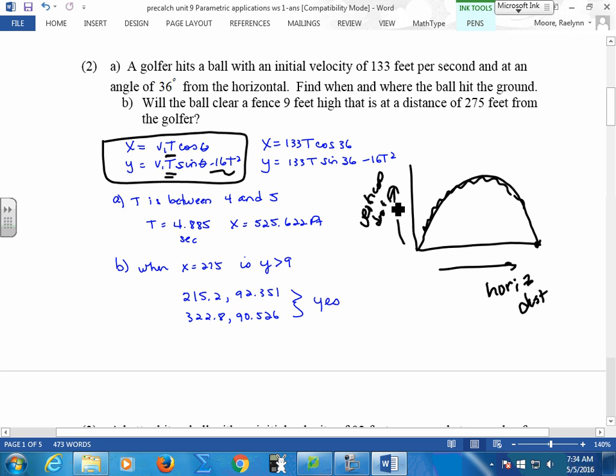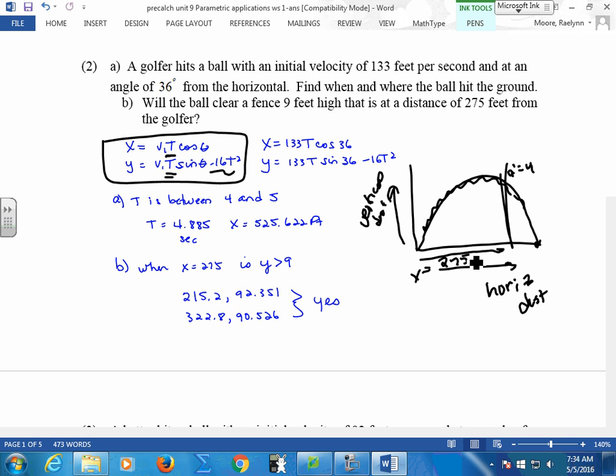Then they want to know, will it clear a fence, a 9-foot fence, so it's 9 feet high, when my horizontal distance, my x, is 275 feet. So you want to find out when x is 275, is y greater than 9?